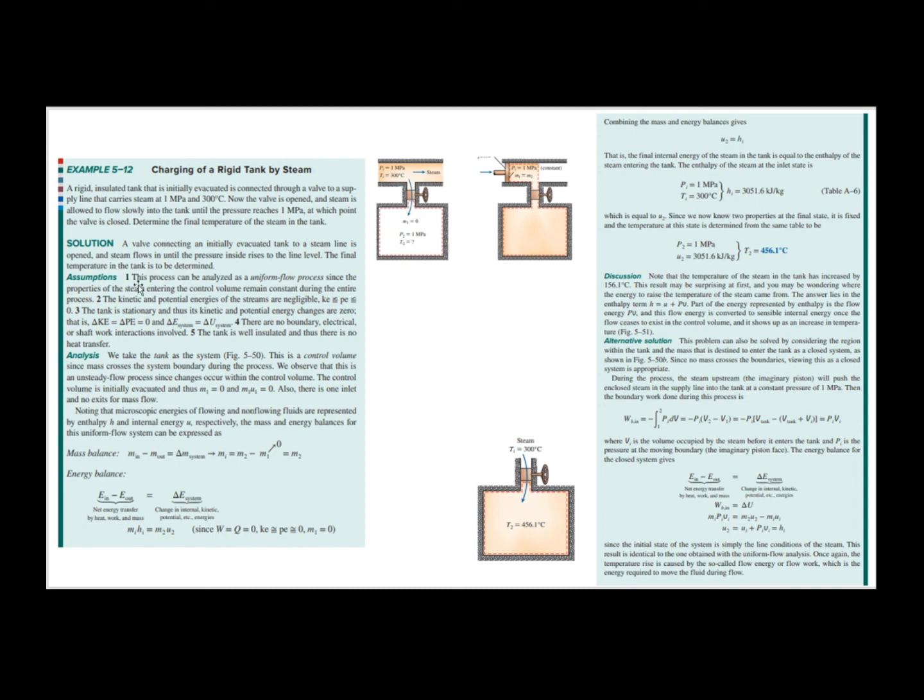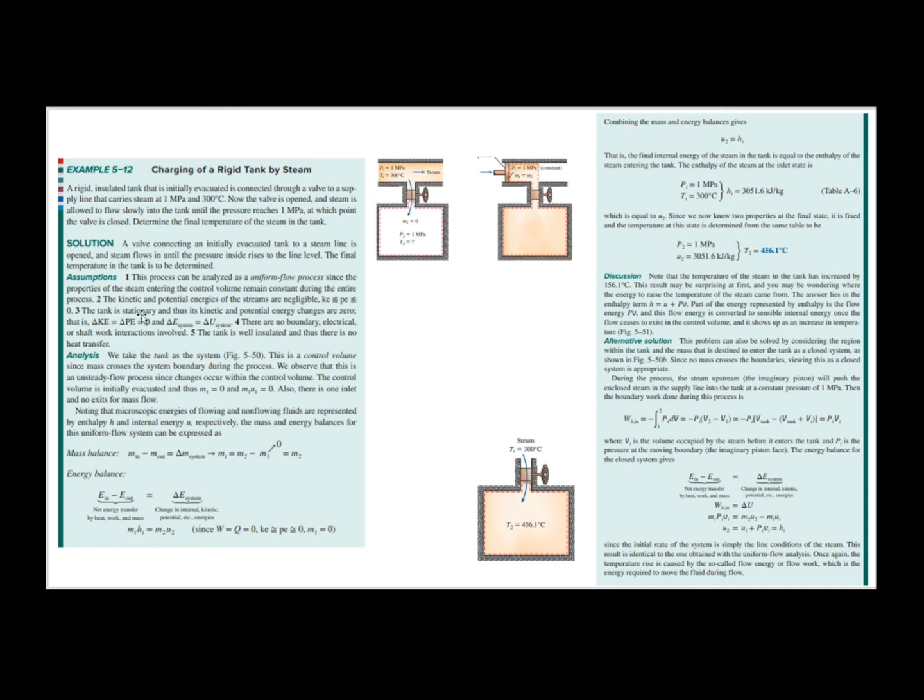Here we can make the assumption that this process can be analyzed as a uniform flow process, since the properties of the steam entering the control volume remain constant during the entire process. The kinetic and potential energies of the stream are negligible, KE and PE equal 0.